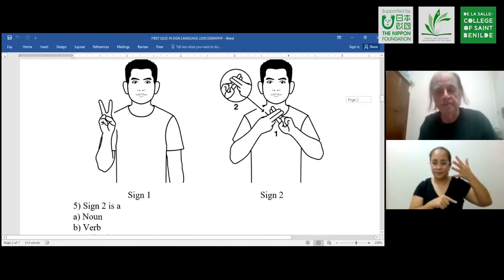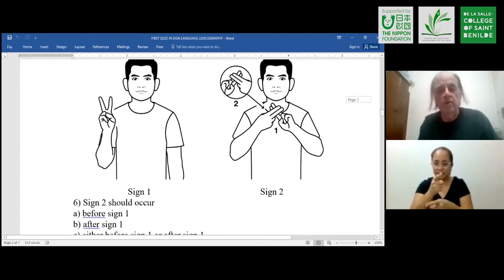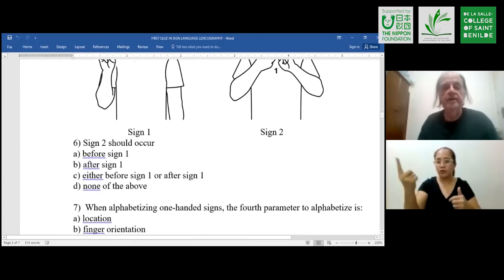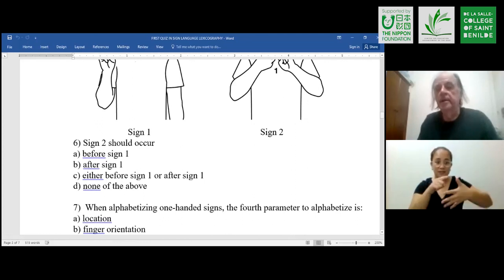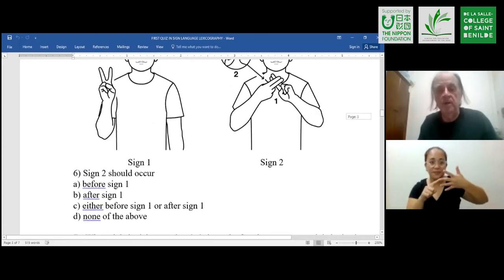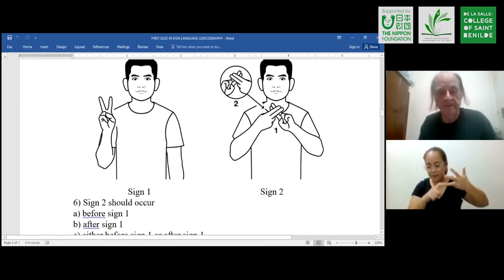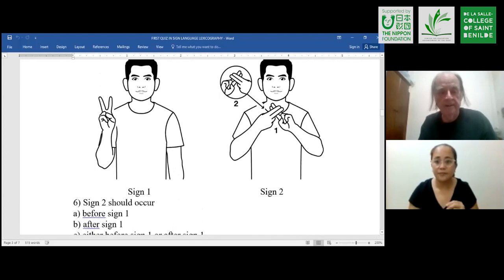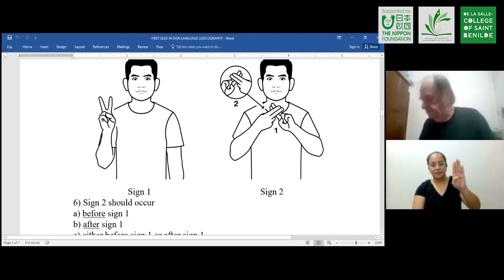I see A. Noun. A, noun, correct. Now, which goes first in the dictionary? Sign 2 should occur before sign 1, after sign 1, either before or after sign 1, or none of the above. I see B as in boy. Yes, that's correct. And why is that?